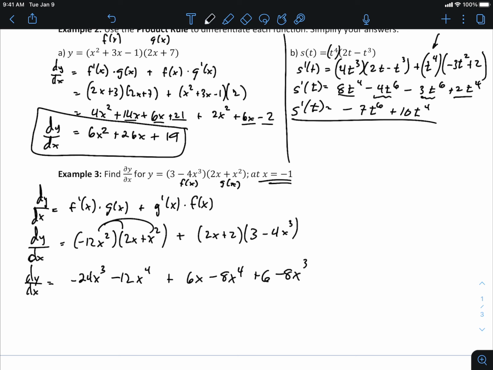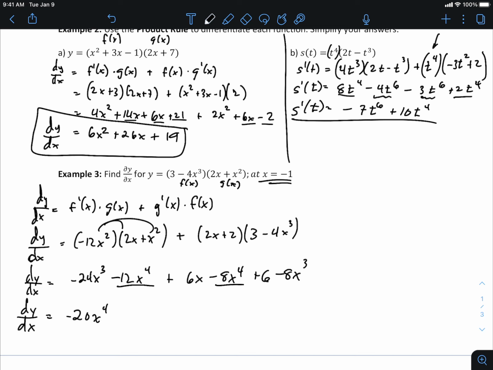Okay, and then we can clean this all up. So dy by dx is going to equal negative 12x to the 4. And what I try to do all the time is write things in descending order. I think it's just good practice. Descending order being highest powers come first.